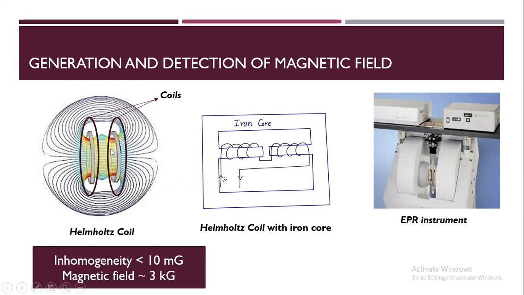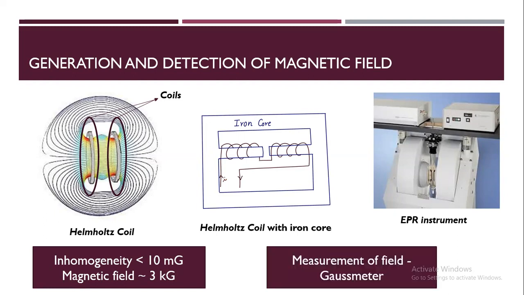I told you that the homogeneity of the magnetic field should be very good. The field lines between these coils should be very homogeneous. If we are using a magnetic field in the range of 3000 Gauss, the inhomogeneity should be less than 10 milligauss. That's the sensitivity we should achieve when generating the magnetic field.